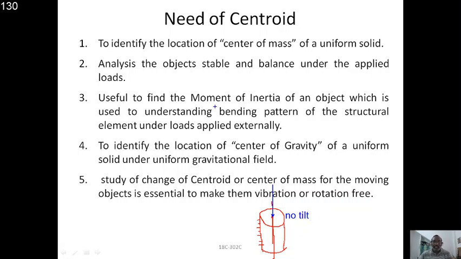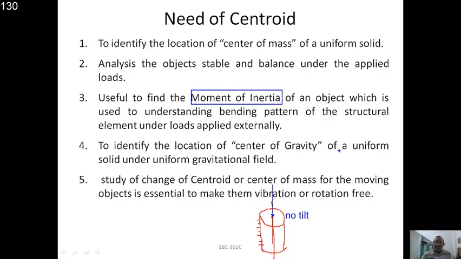It is useful to find the moment of inertia. This term you have already come across in physics, right? It denotes the physical strength of the material, and it depends upon the shape of the object.